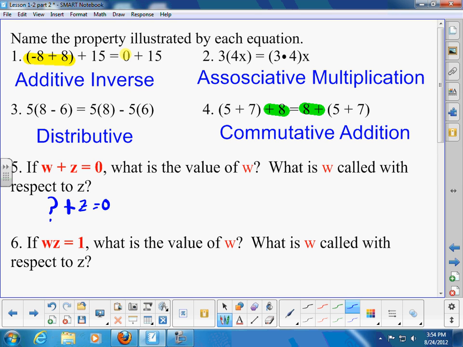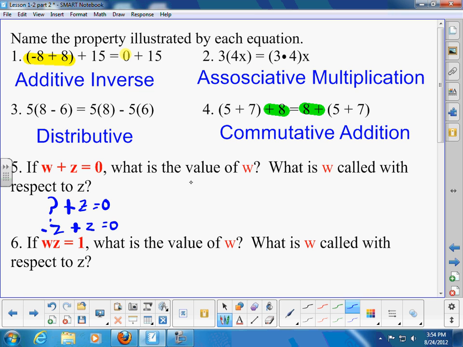So let's think about that. Something here added to z has to equal 0. The only thing that would make that true is if that something were negative z. Negative z plus z is the only way that will equal 0.